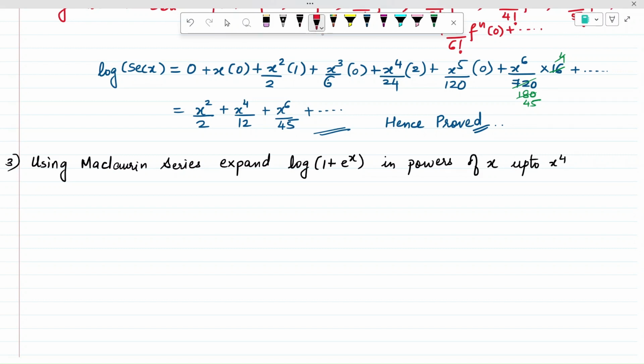Now this question was again asked in 1995, 97, 2001, 2002 and 2006. Let's see how do we deal with this particular question.